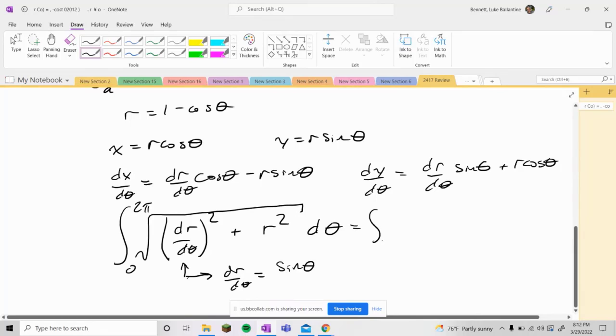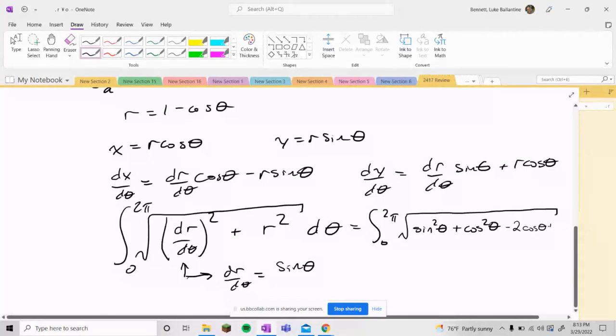So this is equal to the integral from 0 to 2 pi of the square root of sine squared theta plus cosine squared theta minus 2 cosine theta plus 1 d theta.